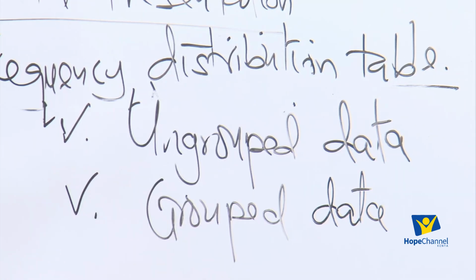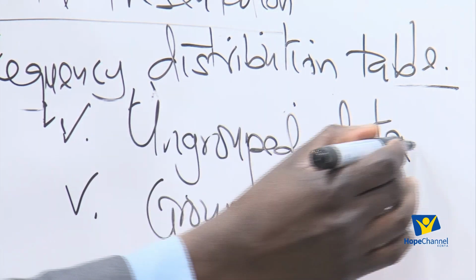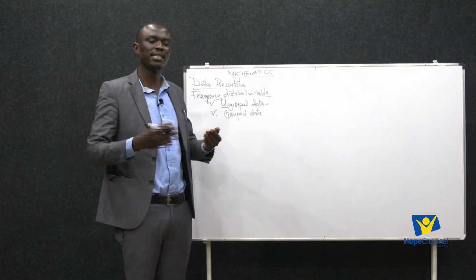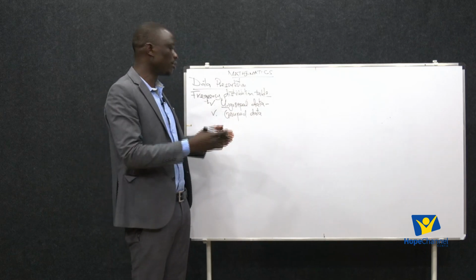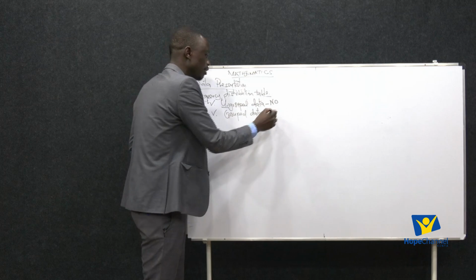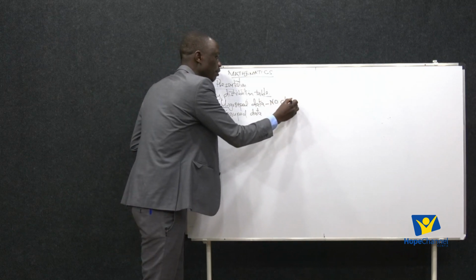Let me give a brief difference between grouped data as well as ungrouped data. Ungrouped data means that it is not categorized. We don't have a class. So in simple terms, ungrouped data will have no class.